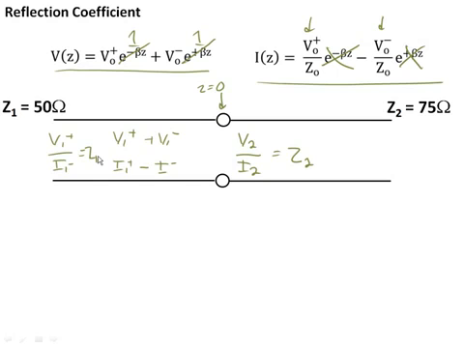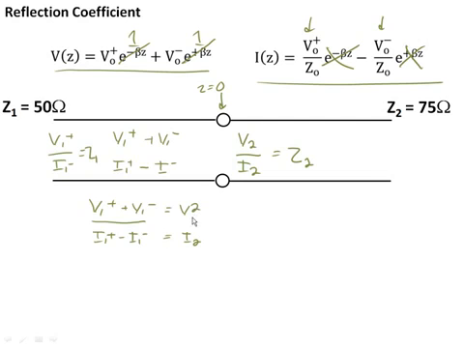Well, this ends up being pretty straightforward because it turns out that we can then set the following relations. We can say V1 plus V1 minus is equal to V2. We can take this ratio of I1 plus minus I1 minus and set that equal to I2.